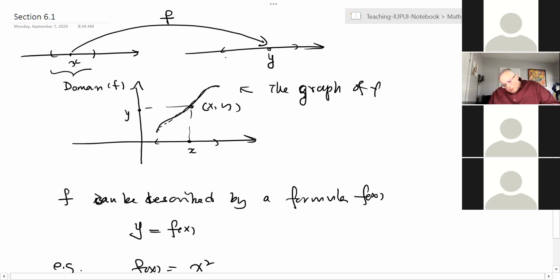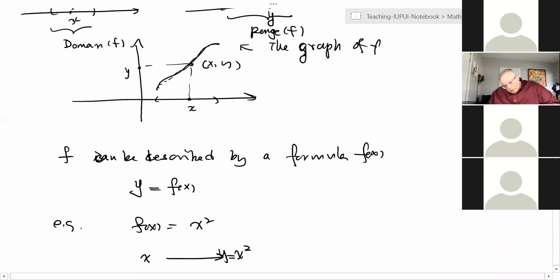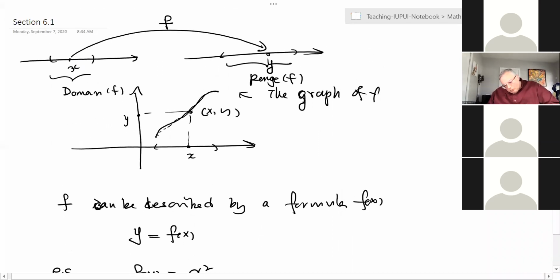Maybe y can be only positive or only negative. Those values occupy an interval, and that is called the range of f. So the range of f is the image of the domain under the function f.